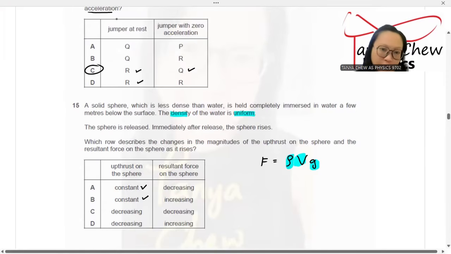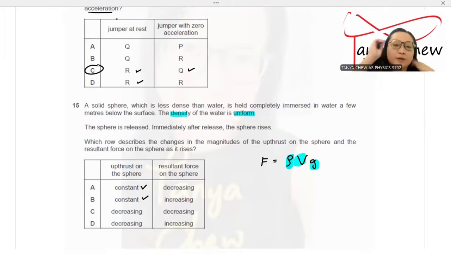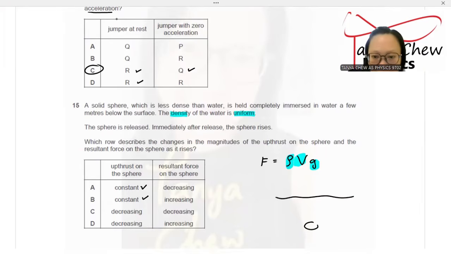What about the resultant force? Resultant force depends on the upthrust and on the weight. Since this is the sphere and the sphere is rising up, this is the upthrust force acting on the sphere. And then this is the weight of the sphere, right? Could you see that?